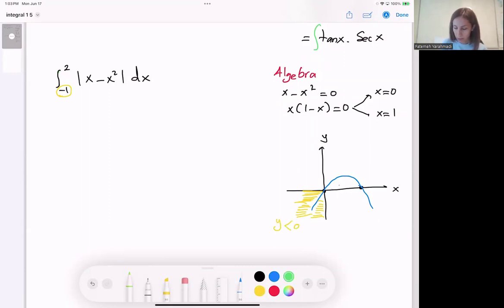Now, from 0 to 1, my graph is above x-axis. Right, so let me just erase this part to avoid any confusion. Between 0 to 1, my graph is above x-axis and it is positive.